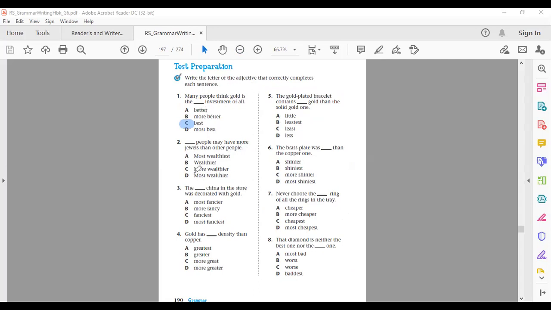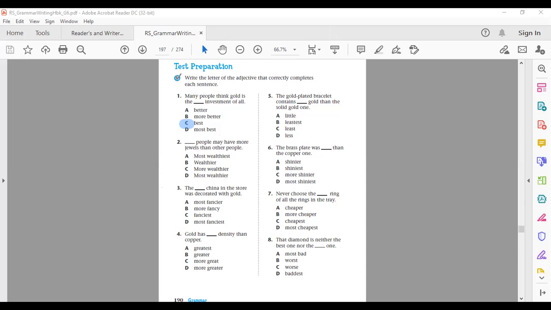Number 2, Ghalia. Miss, I think your voice stopped. Most wealthier people have more jewels than other people. Malak, can you hear me? Malak, she's asking if you can hear her.